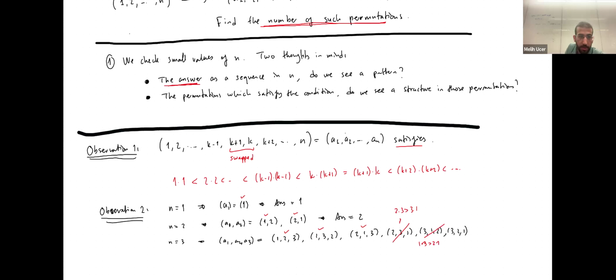Let me write this bigger. 2 times 3 is bigger than 3 times 1. Okay, 1 times 3 is bigger than 2 times 1. And in this one, where does it fail?